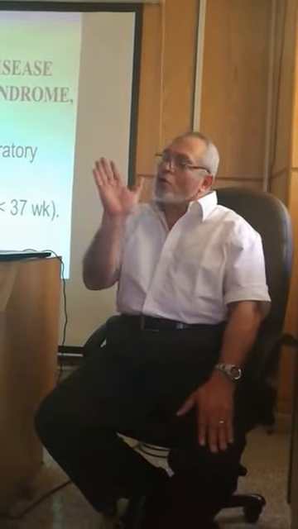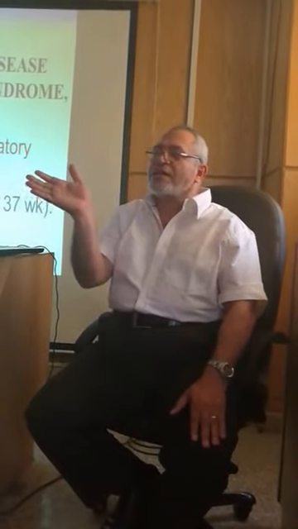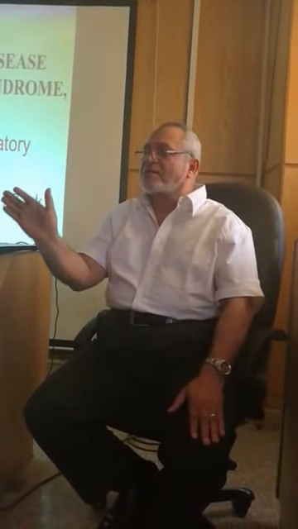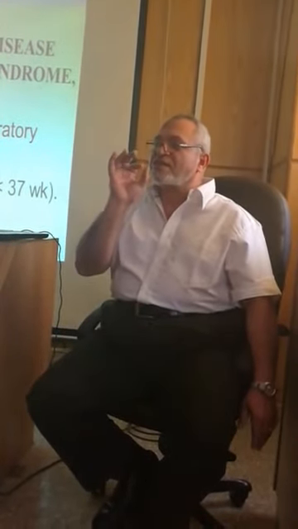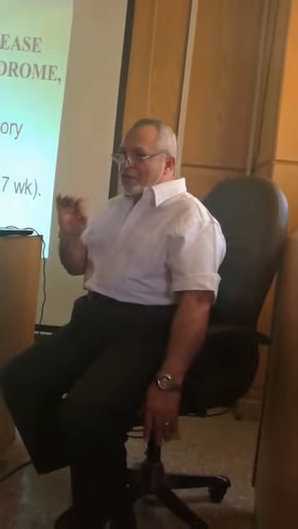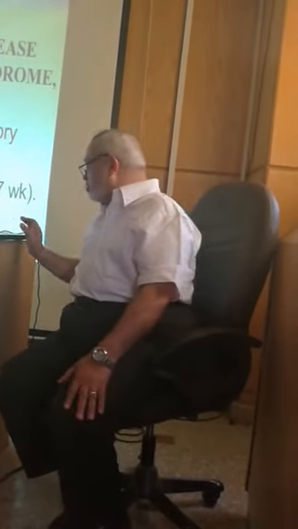These drugs close the duct, but prostaglandin keeps the duct patent or open. But at the same time, prostaglandin has a very serious side effect, which is hypotension, and it may produce apnea. So be very careful if you give prostaglandin.